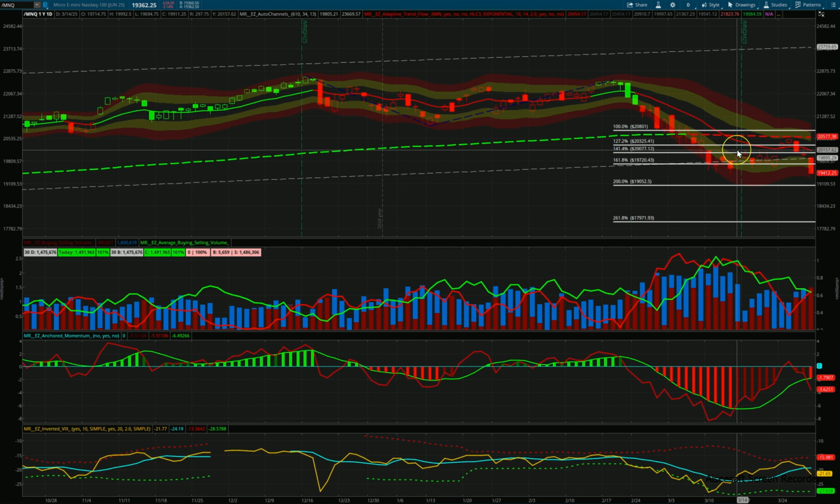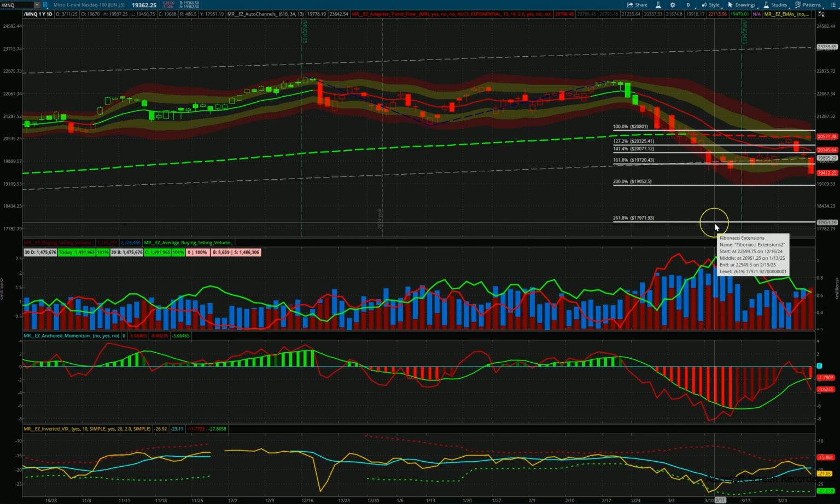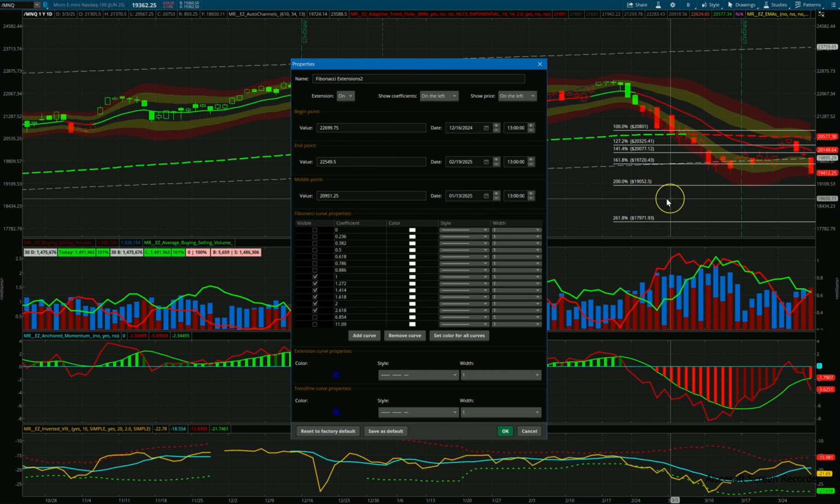But that's what I'm looking at in terms of Fibonacci's. And going back to the properties window, I just use it like stairs. You're stepping up and down, support and resistance wise. And you're just checking off and unchecking what applies as you go up and down.